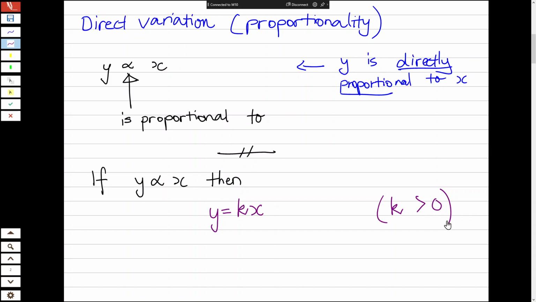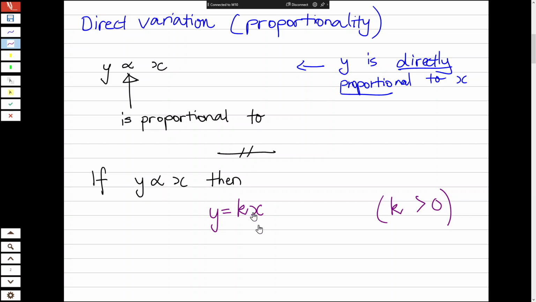Now, we need an example because I know that there's no numbers on this slide yet. It's all letters. And when it's all letters, we can feel a bit uncomfortable. So let me remind you, when I write two letters like this, k and x, what's implied here? We're multiplying the two letters together.